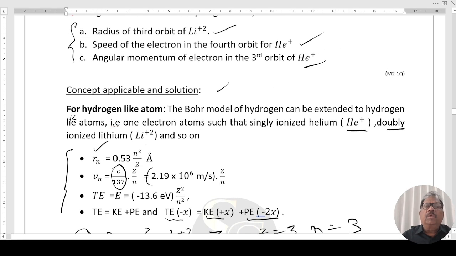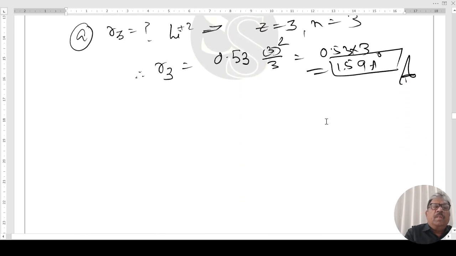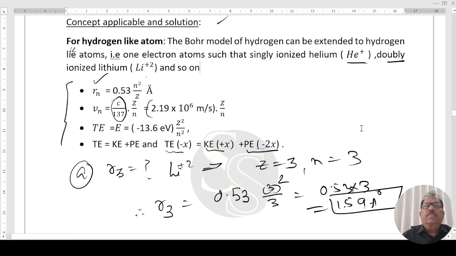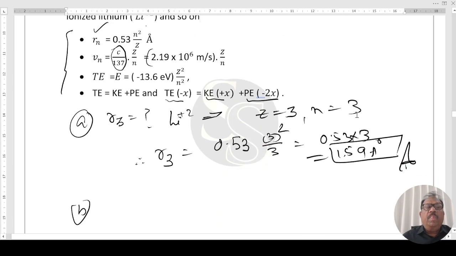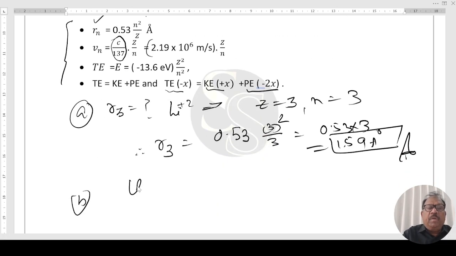Second part, speed of electron in the fourth orbit of helium atom. Vn is given by 2.19 into 10 to the power 6 meter per second into z by n.